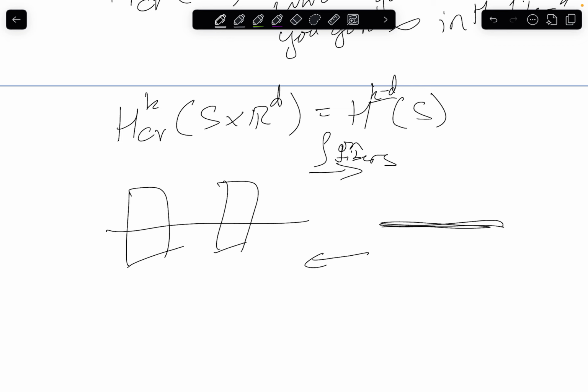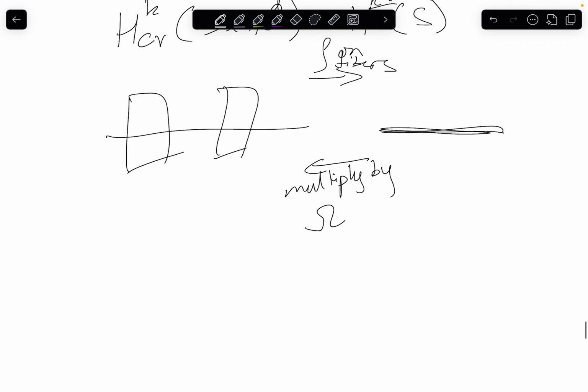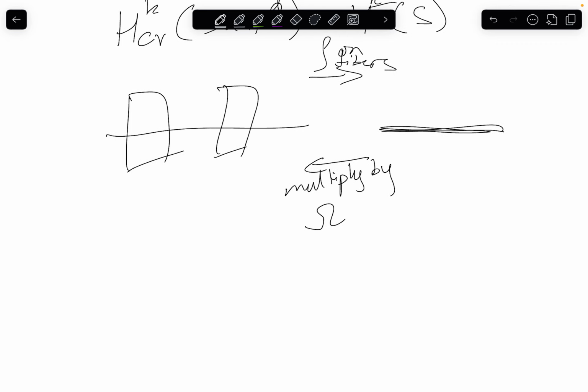And then you have a map over here, which is multiply by omega, which is that form that we just constructed, which has integral 1. These two aren't exactly inverses of each other because if you have something concentrated far away, then if you integrate that and put it back, it won't be exactly the same thing.